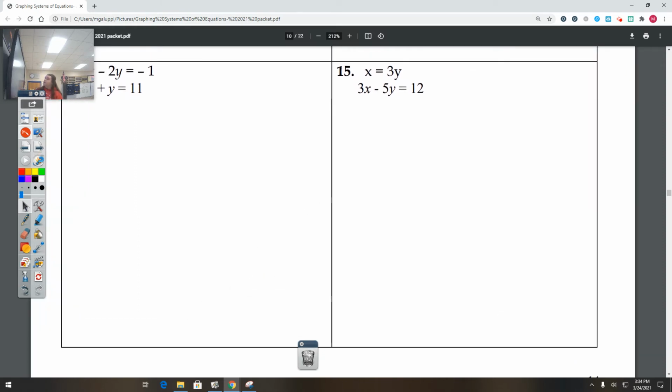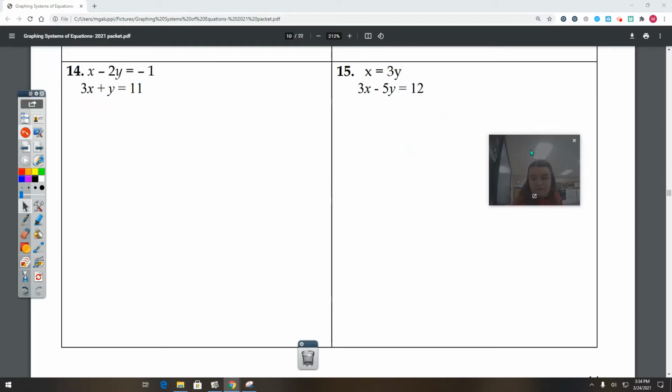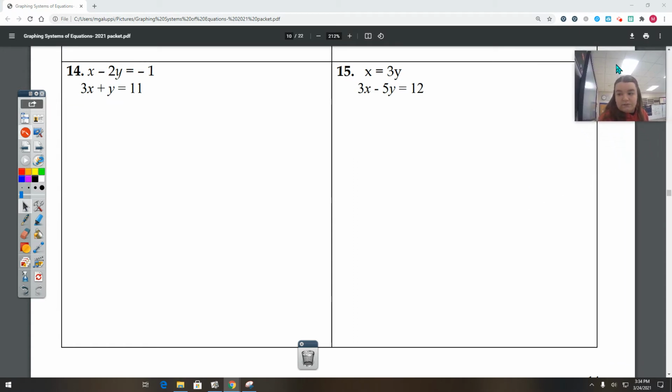Now remember, for question 14, in order to solve for the point of intersection using substitution, you either need to have x equals or y equals in your equation. I don't see that. I don't see x alone and I don't see y alone.